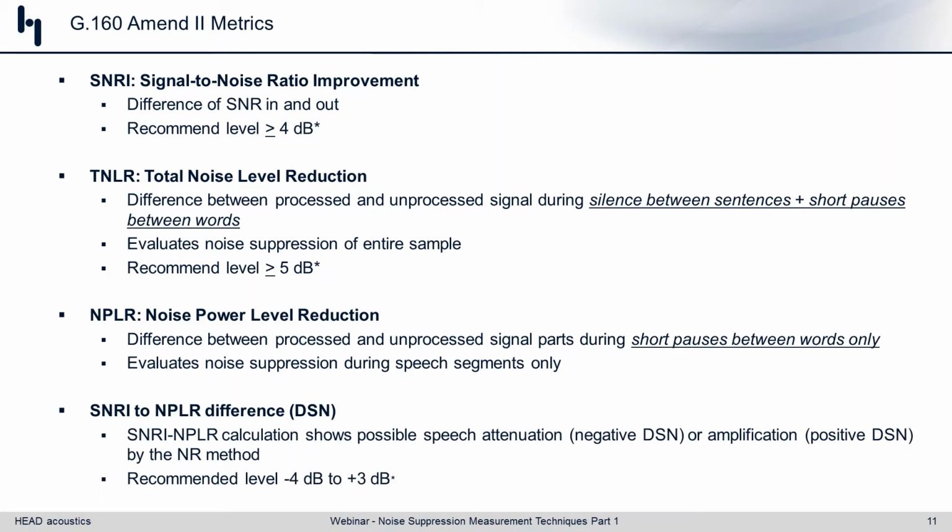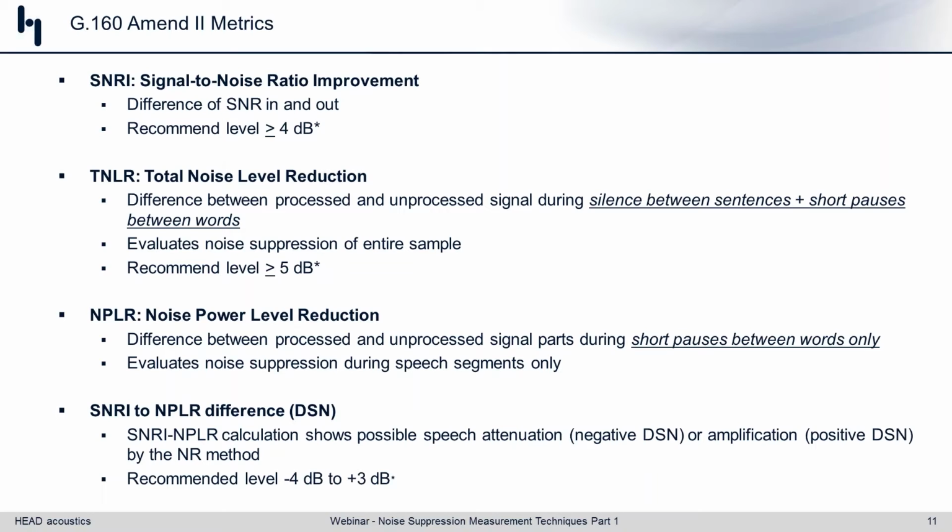The last metric we call DSN, and DSN is really just the difference between the overall SNRI, or the overall noise suppression, or the improvement in signal to noise ratio, balanced with the NPLR, the noise power level reduction in between the short pauses between words.